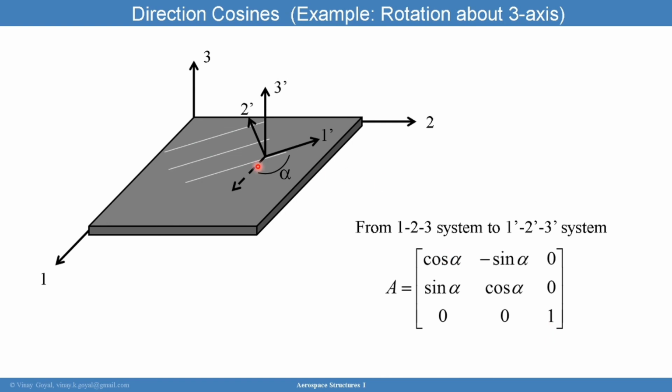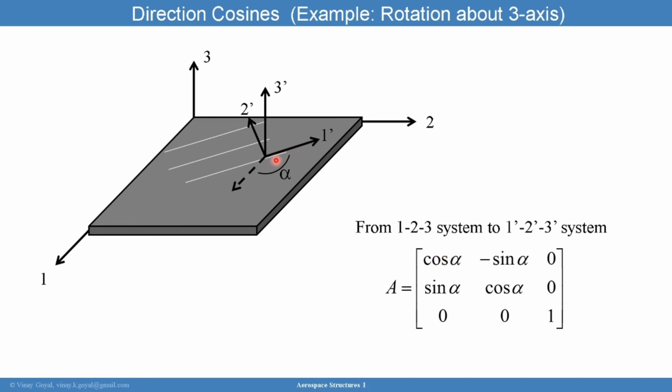Here's an example more specifically. We have a rotation of 1, 2, 3 to 1 prime, 2 prime, 3 prime, rotating about the 3 axis by an amount alpha. I'll let you do this at home by pausing this video, but you should be able to show that the angle difference between 1 and 1 prime is basically 180 minus alpha, and the cosine of that is going to give you alpha.